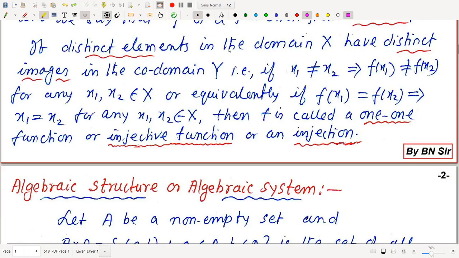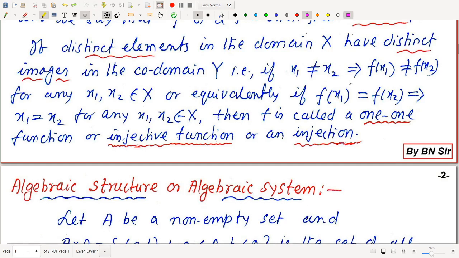If distinct elements in the domain capital X have distinct images in the codomain Y under the rule f, that is, if x1 not equal to x2 implies f(x1) not equal to f(x2), elements unequal implies images unequal for any x1, x2 in capital X, means in the domain.